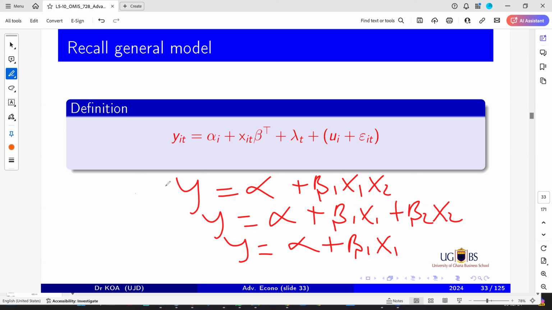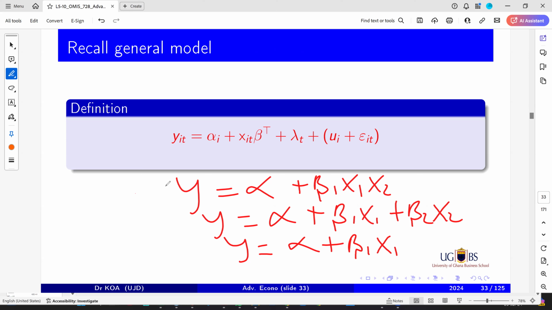Okay, so Y equals the constant plus beta 1 x1, x2. So the first model is an interaction. The second model is Y equals alpha plus beta 1 x1 plus beta 2 x2.